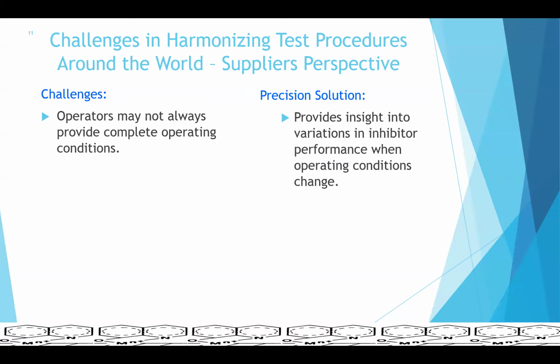So every operating change does not trigger an inhibitor evaluation as long as we know the precision statement. Precision basically gives us an envelope, a bracket under which the inhibitor performance will remain similar. So it provides insight into the variations in inhibitor performance when operating conditions change.